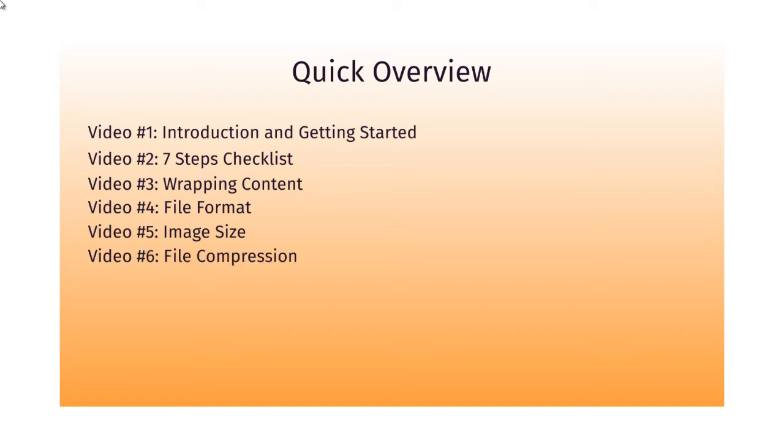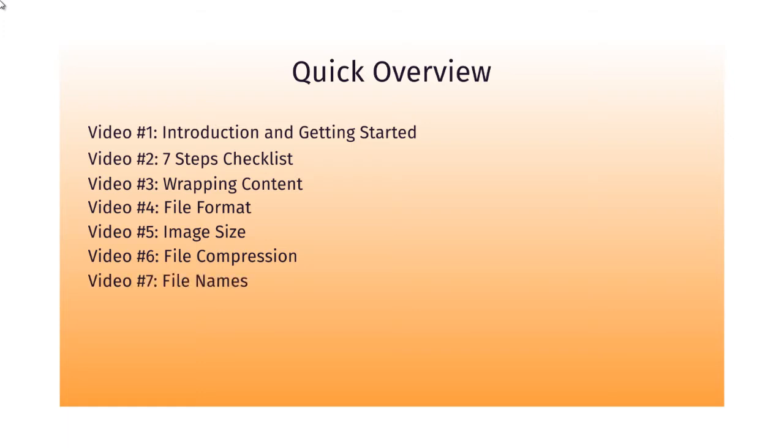Video number 6, we're going to talk about file compression, or in other words, how to compress your files from, let's say, 1 megabyte and decrease it by 50%, which is 500 kilobytes. The goal is to decrease the size of the image without losing too much quality, so that it can run faster when your visitors visit your site.